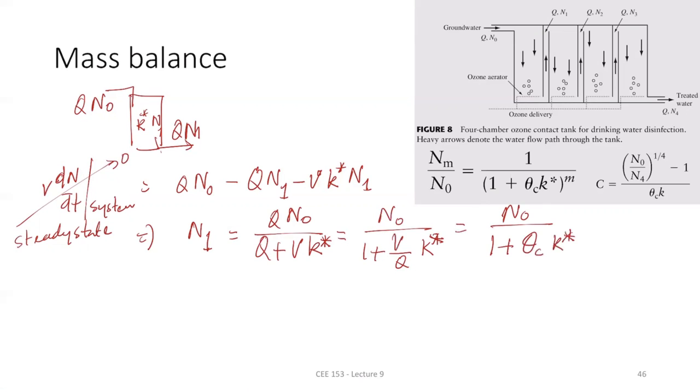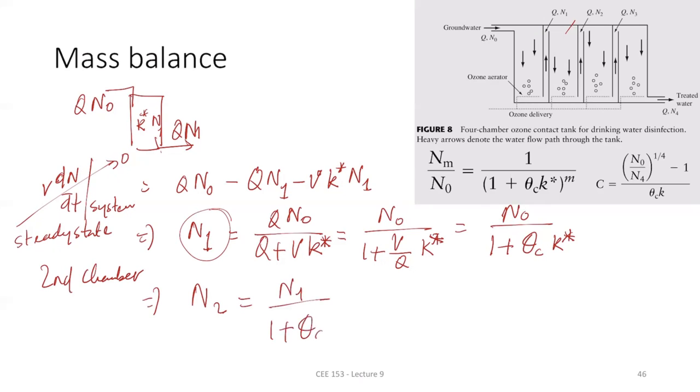Now if you do the same thing for the second chamber, you just have to replace the input. The input of the second is N1, so N2 equals N1 divided by 1 plus theta K star. If you substitute N1, then it becomes N0 divided by 1 plus theta K star, squared.